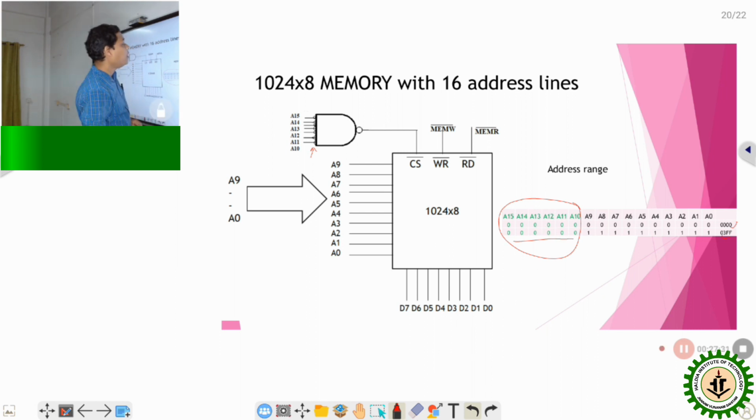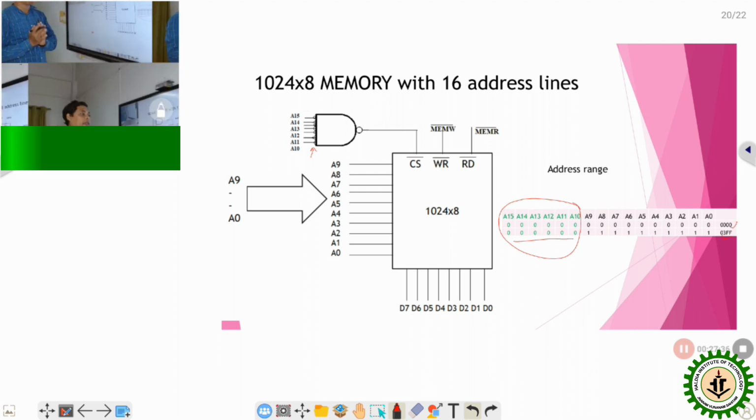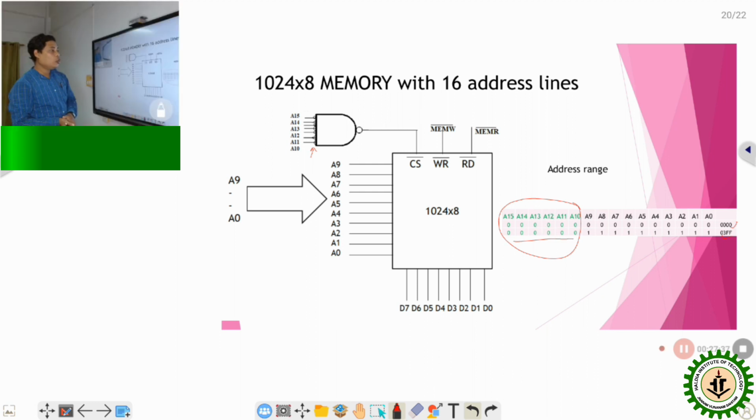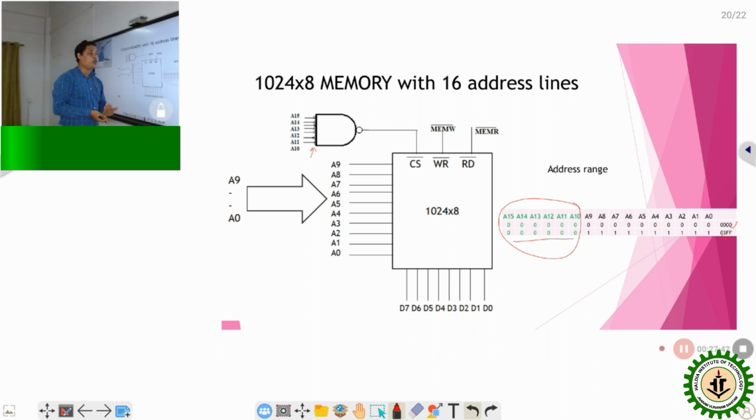If we consider the 16 address lines presented as a 4-digit hexadecimal value, the address changes from 0000 to 03FF.